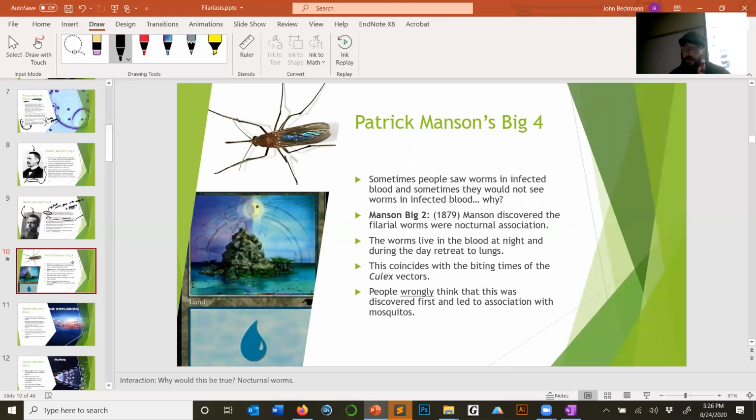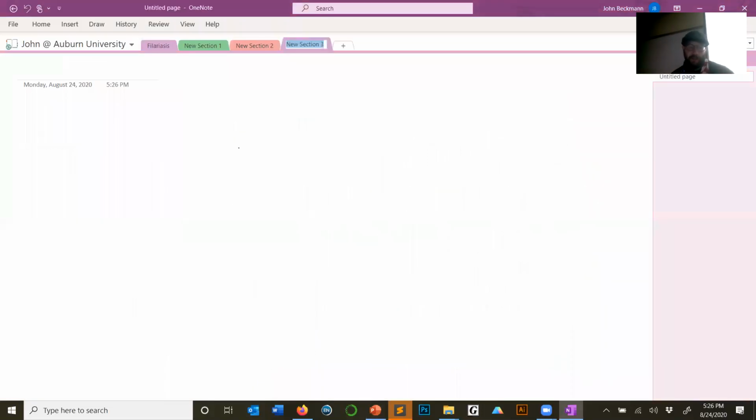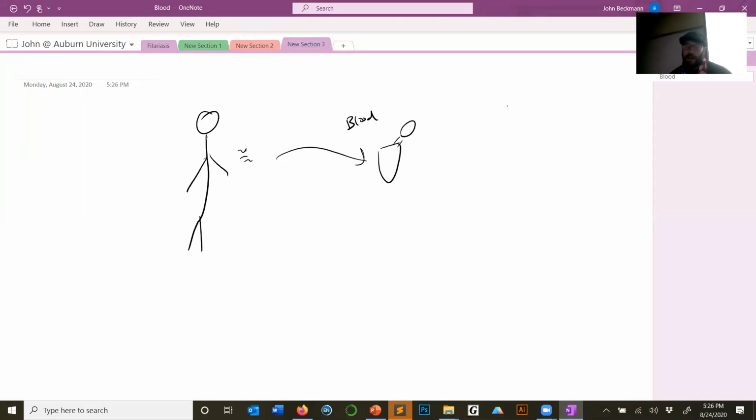So let's talk about Patrick Manson's second big contribution. There was a unique thing with filarial worms. If you had a person who was infected with the worms and you sampled blood and you looked for the worms, depending on the time at which you sampled, the worms would either be in the blood or not there at all.